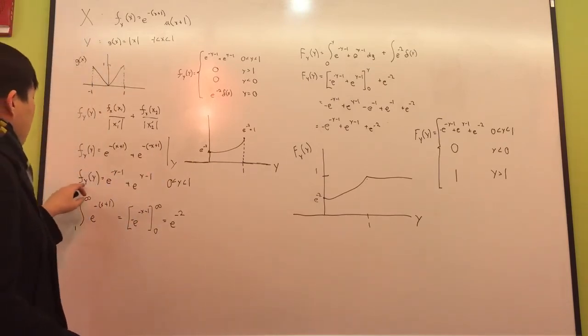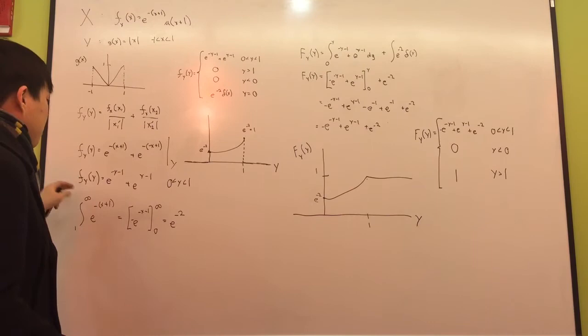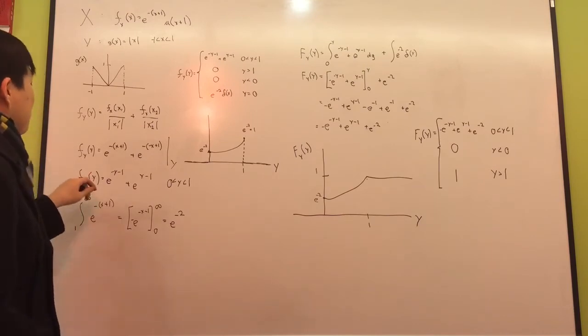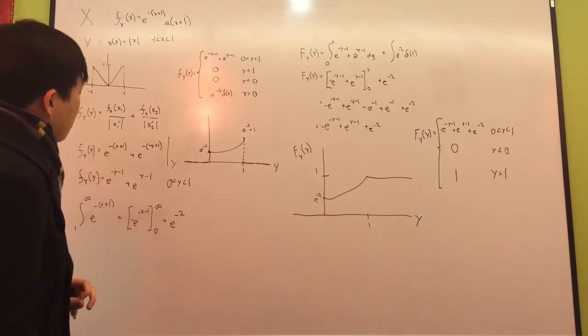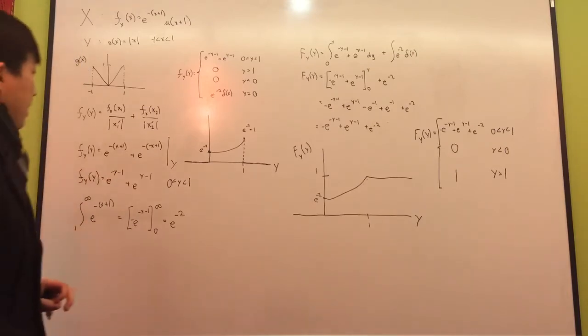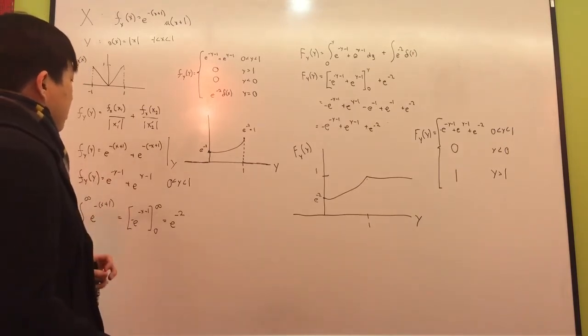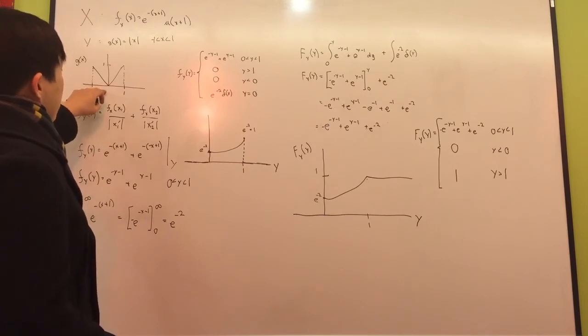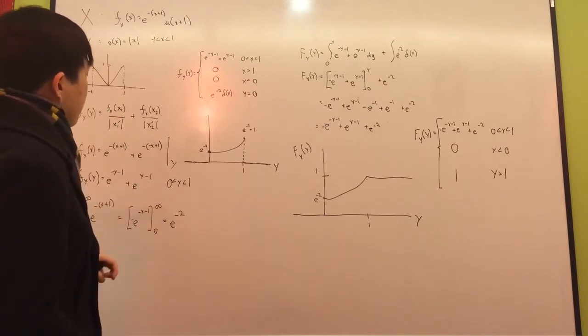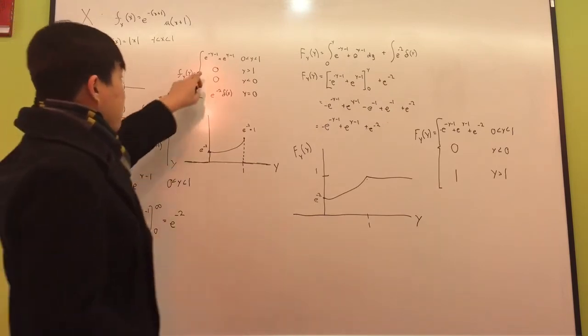So we end up with small f of y equal to e to the negative y minus 1 plus e to the y minus 1. This exists from 0 to 1 because y goes from 0 to 1. That's going to be the first part.